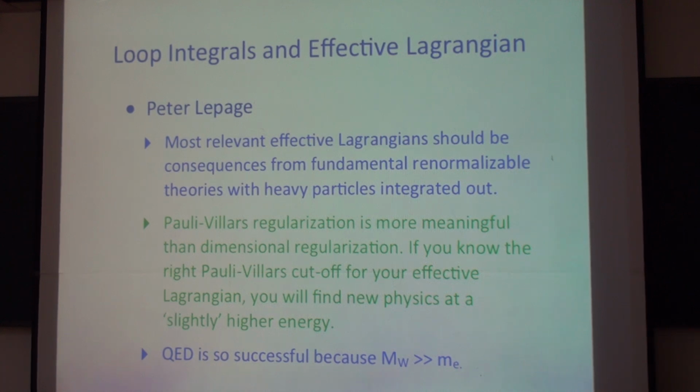Lepage suggested, I think this is probably, let me say, the Veltman doctrine. Veltman likes to calculate everything as precisely as possible. If you have some effect that can come from a loop of a fundamental theory, Veltman will try his best to tell you the answer.